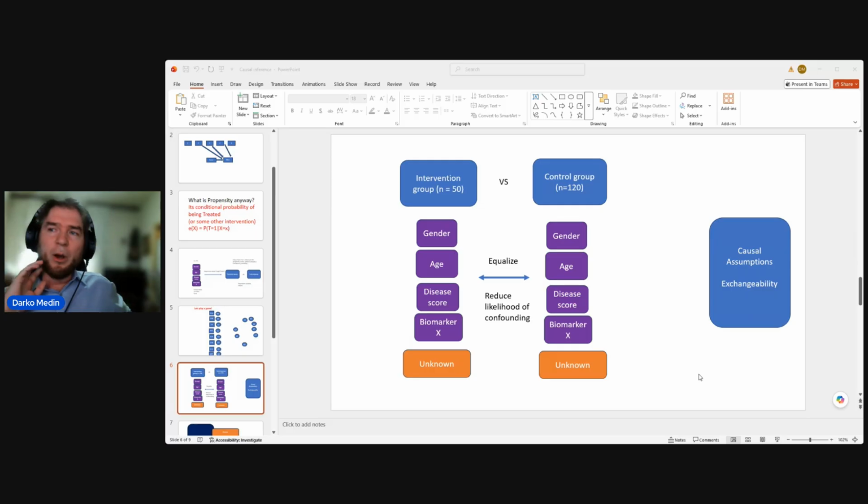So the question from Mohammad is: is there any way to find and optimize the caliper? Now, there are standard values that often exist in the software packages to use propensity score matching. So you can use various calipers like 0.05 or 0.1.